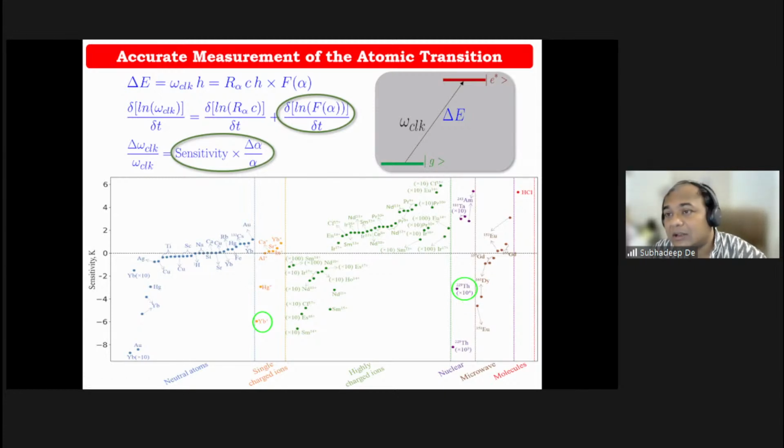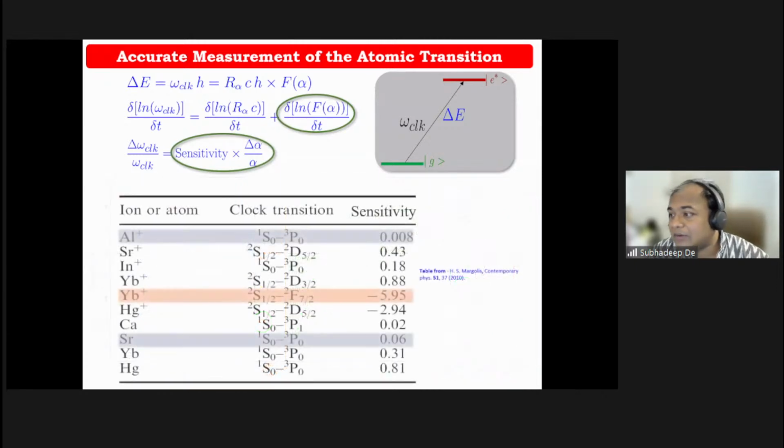It's still under exploration. The experiments are still in a very early stage. Whereas the ytterbium ion is one of the very good candidates. It also has very large sensitivity to look for the alpha variations.